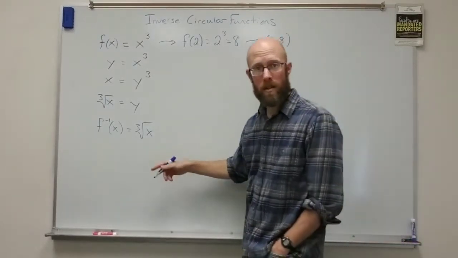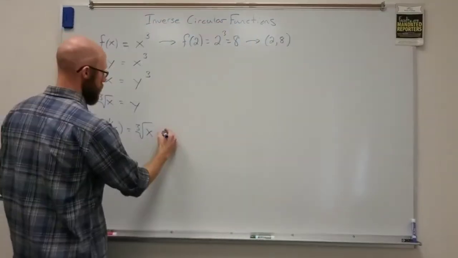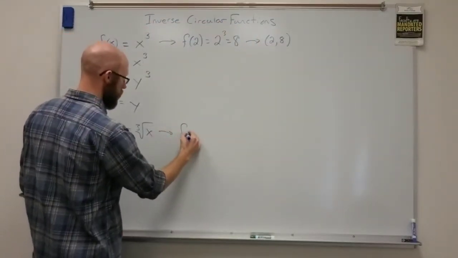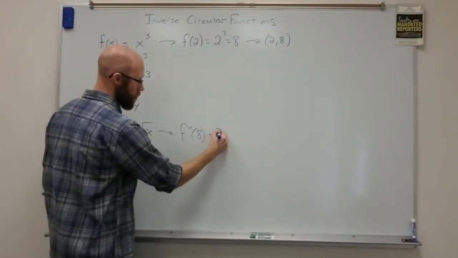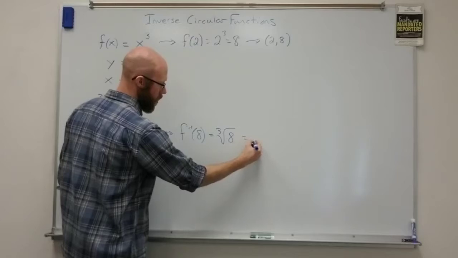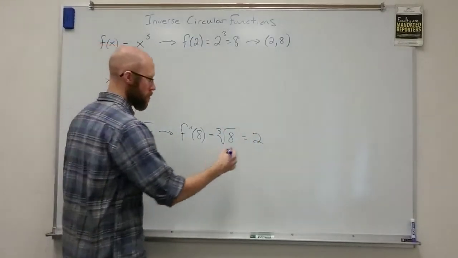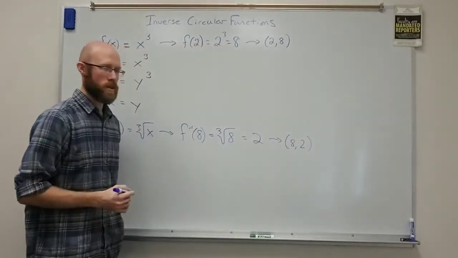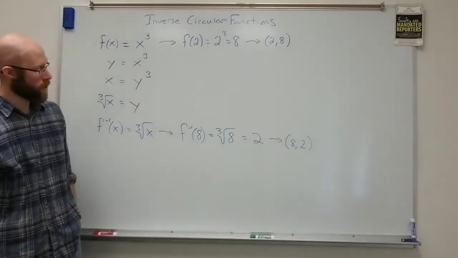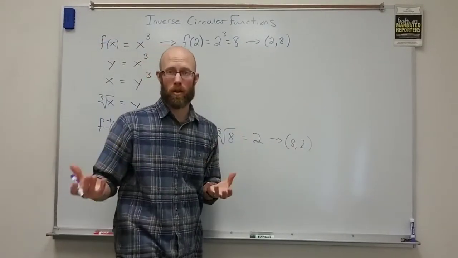With the cube root of x, you invert the order of those 2 points. And so we would say f inverse of 8 is equal to the cube root of 8, which is 2. All right, and so that tells us that the point 8 comma 2 is on the graph of the inverse, the cube root. So we have 2 comma 8 and 8 comma 2 on the 2 different graphs.